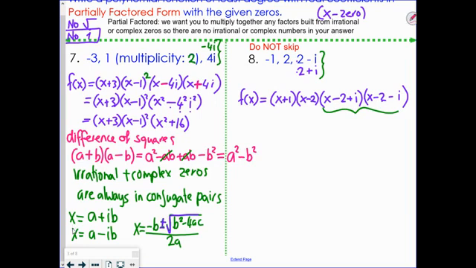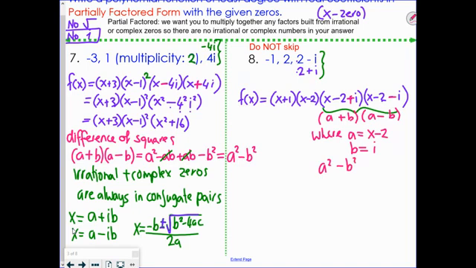Can you see we've got difference of squares again? They have the same beginning and the same end, and in the middle, one of them's got a plus and the other's got minus. That plus and minus are separating our A from our B. What we've got here is A plus B, A minus B, where our A equals x minus 2 and our B equals i. So we're going to replace it with a squared minus b squared.